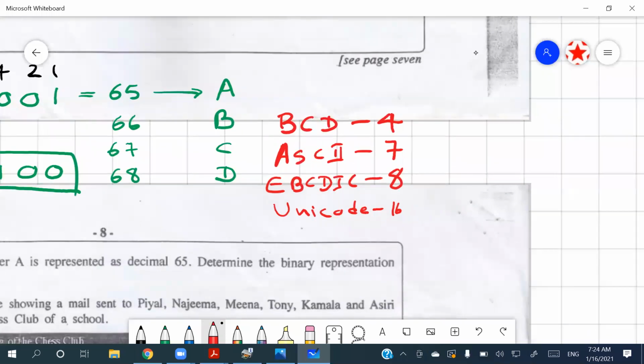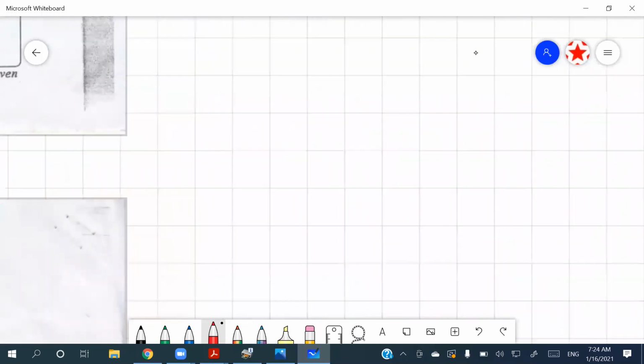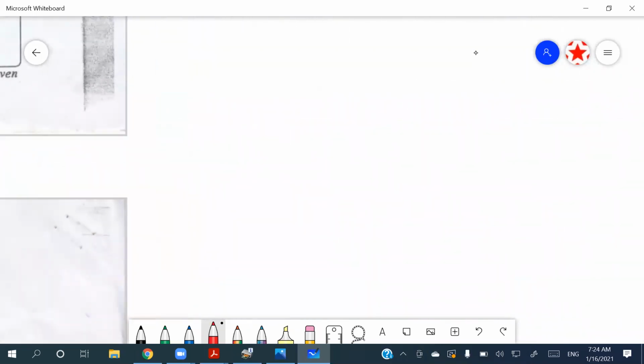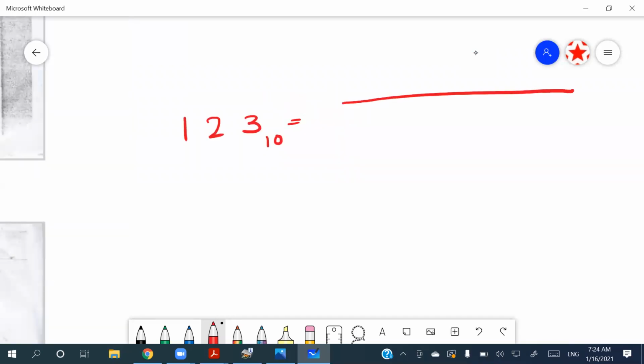If you take an example, say you are asked to convert 123 in decimal into BCD.